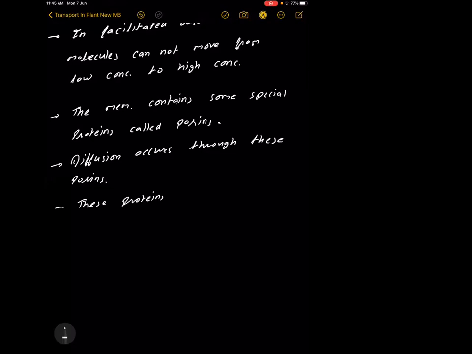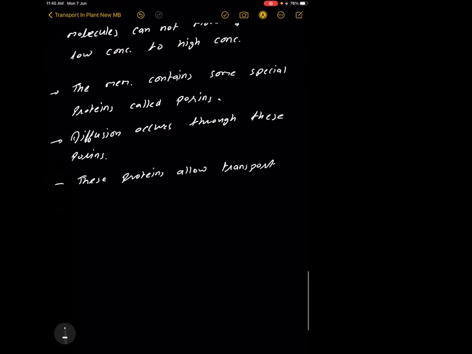These proteins allow transport of molecules in a bidirectional way.